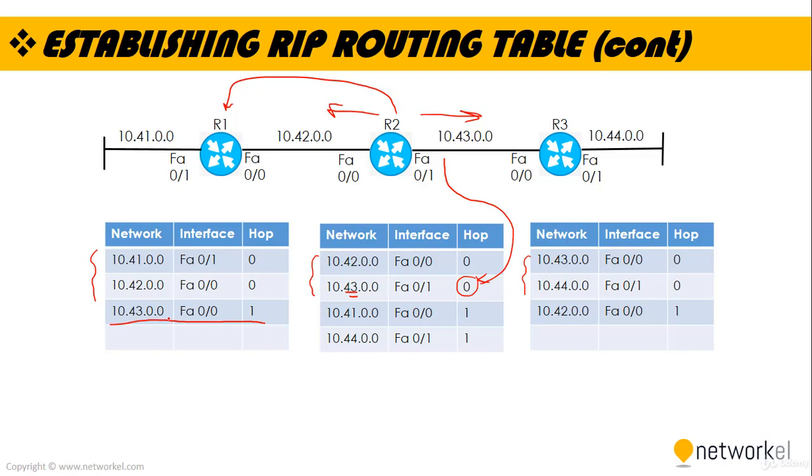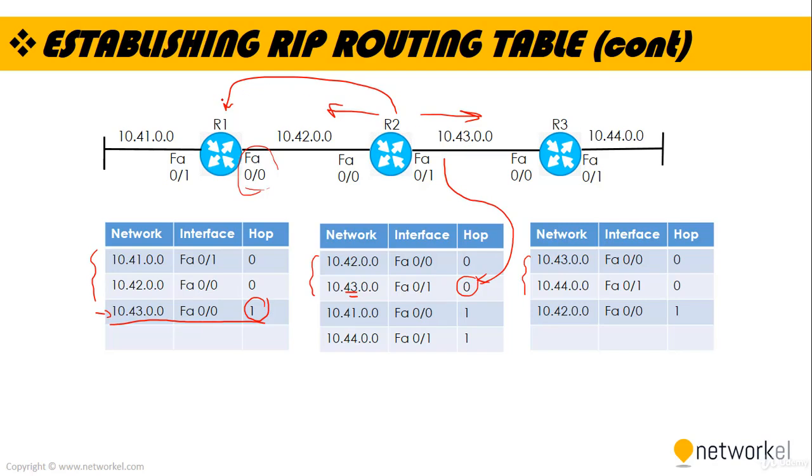As you can see, the network 10.4.3.0, the interface is FastEthernet 0/0, and the hop count is 1, because router 2 is saying that 10.4.3.0 is directly connected to it.